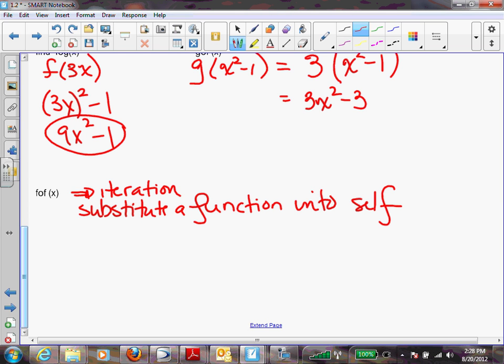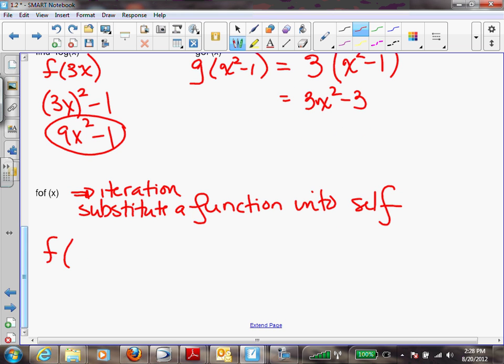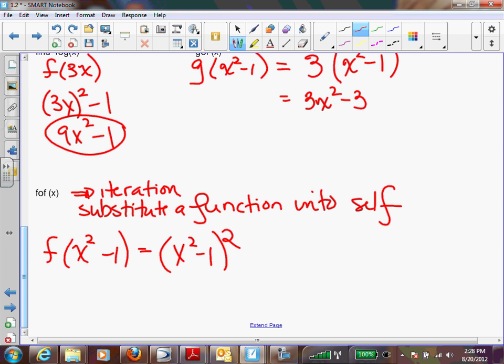So when I do f of x, I'm plugging into f of x, x squared minus 1. Agreed? And so I'm going to put x squared minus 1 squared, and then minus 1. So am I going to distribute that squared value? No, because I'm squaring this whole term.